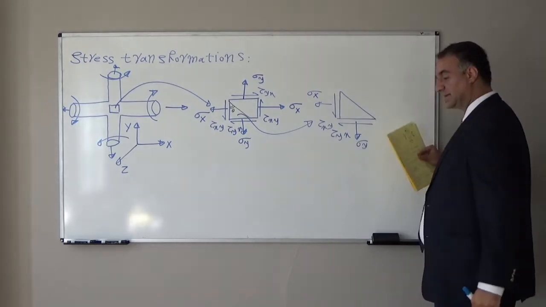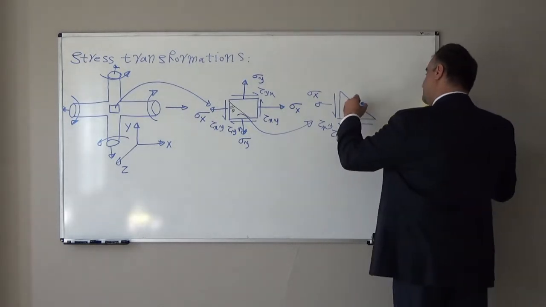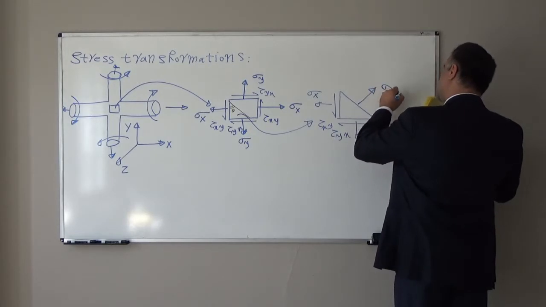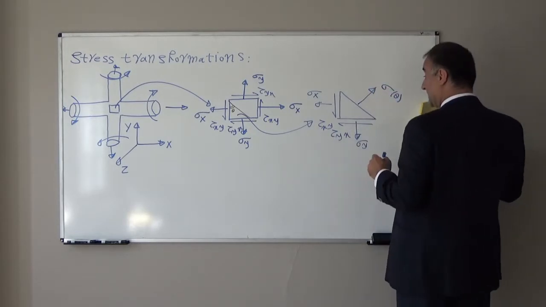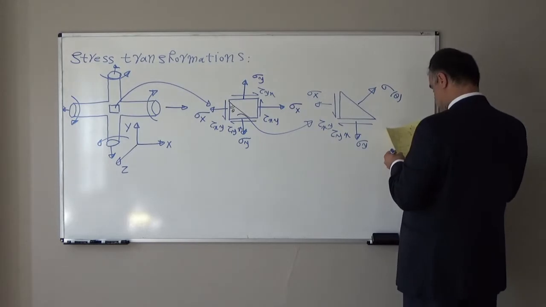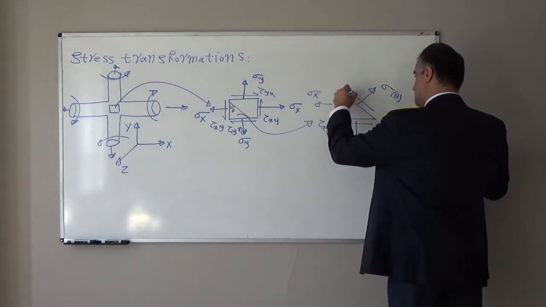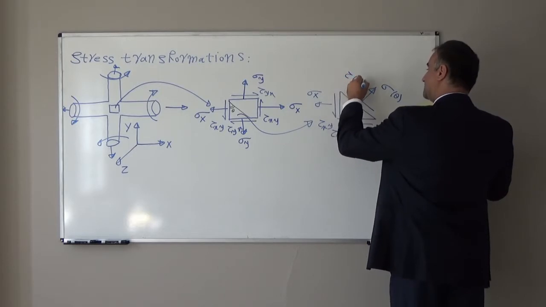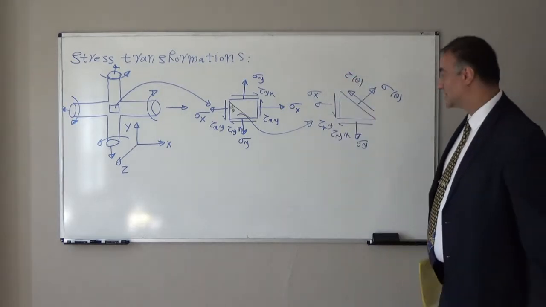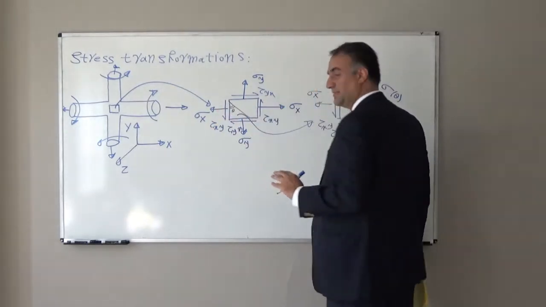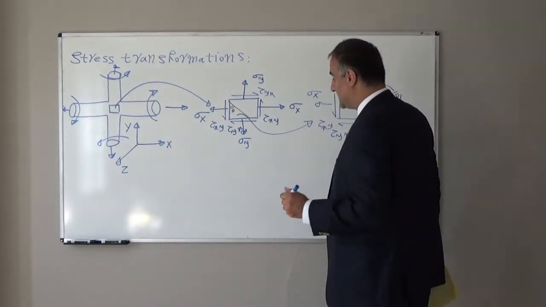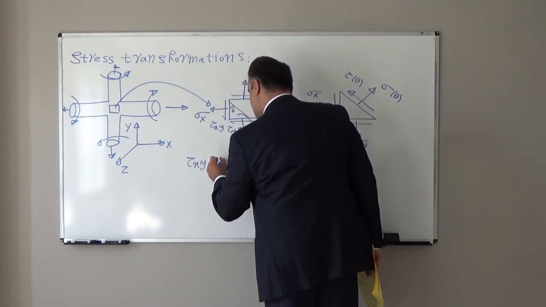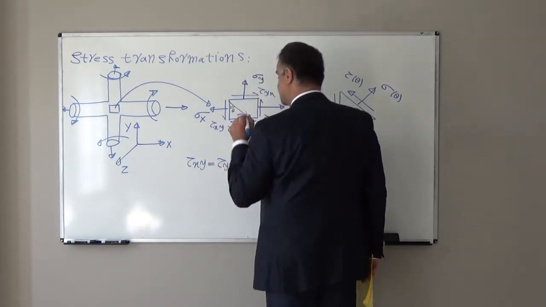On this inclined surface, we will have again one normal stress, I show with sigma theta, and one shear stress, I will show with tau theta. Pay attention, these stress components are independent, but always tau xy is equal to tau yx.